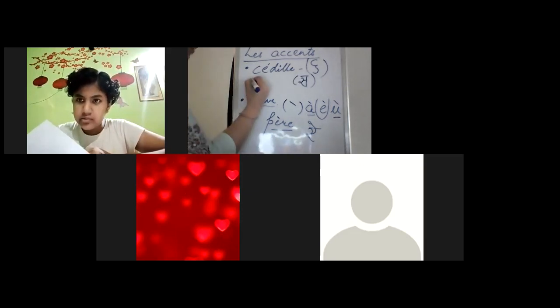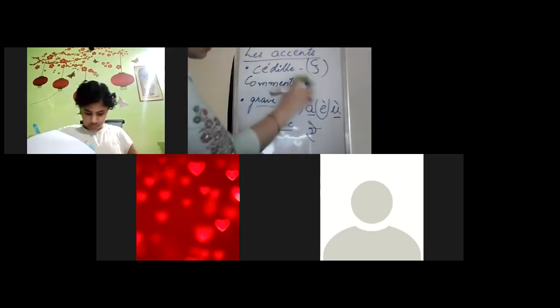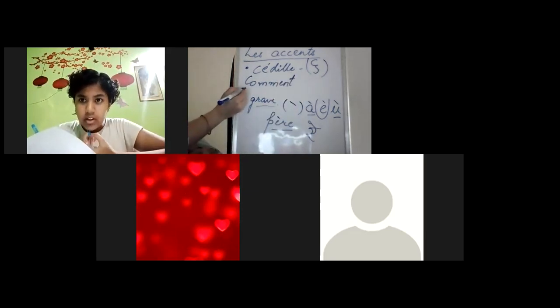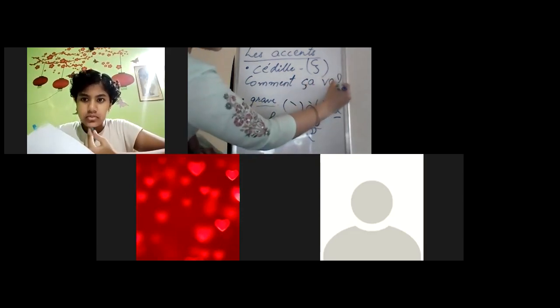Like we have learned the word comment. Come on. But we have also learned how it is pronounced. Now here, what sound are we giving to C? K. Comment. And what we learned after it? Comment ça va?